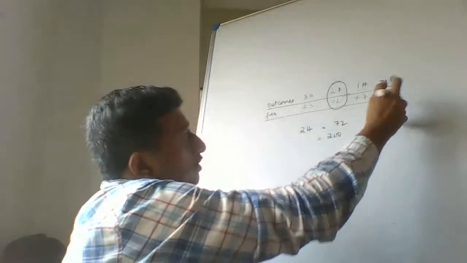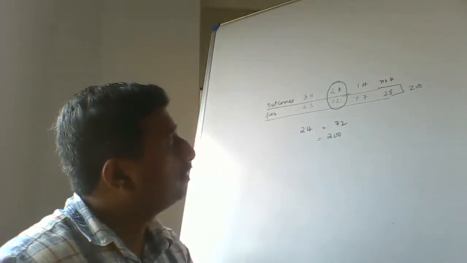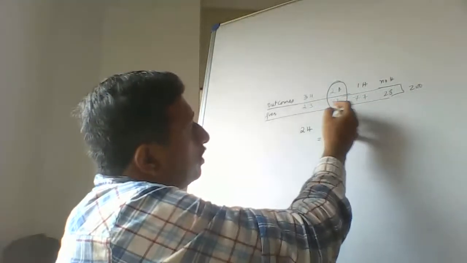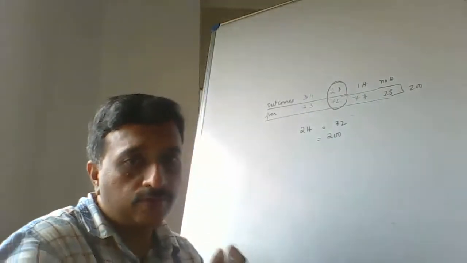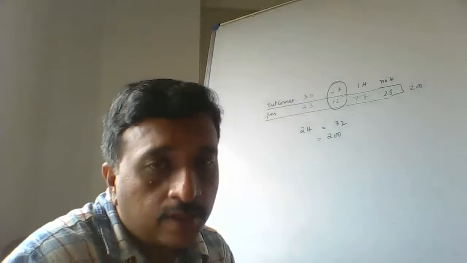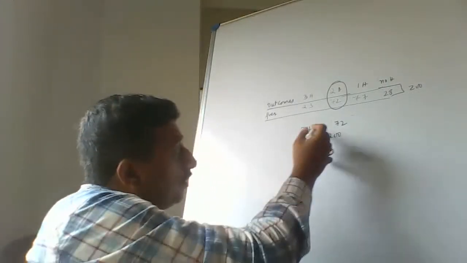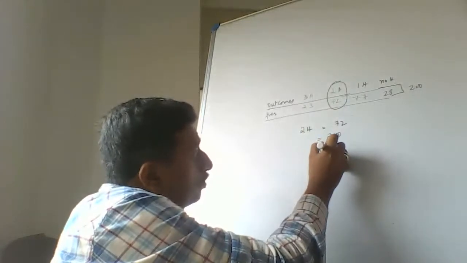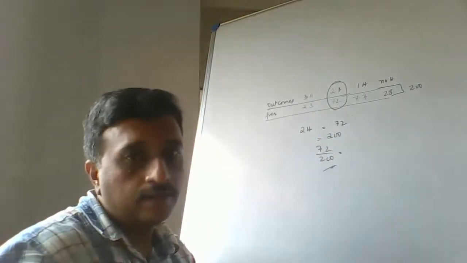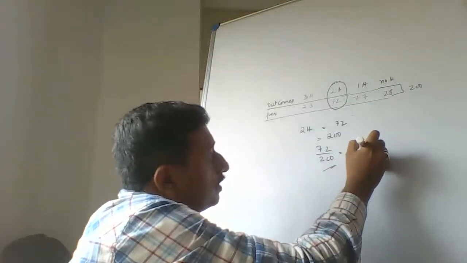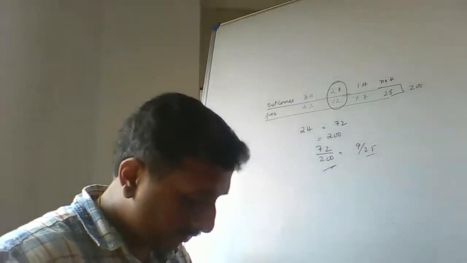If you add these, it should result in 200. Please check: 72, 100, 100, 200. Now you have to find the probability, which is 72 divided by 200. This is the result, which you can further simplify to 9 by 25.